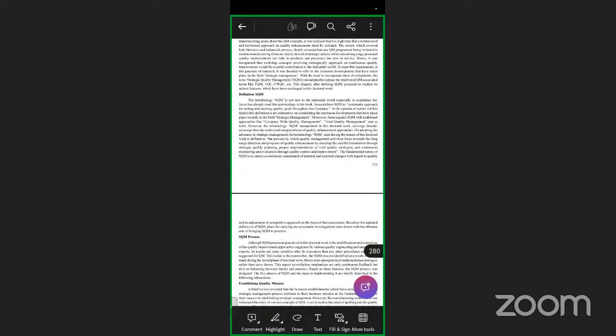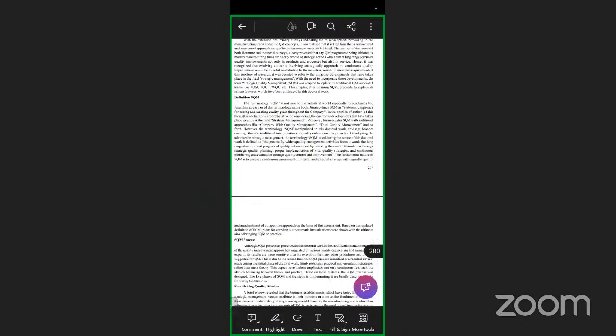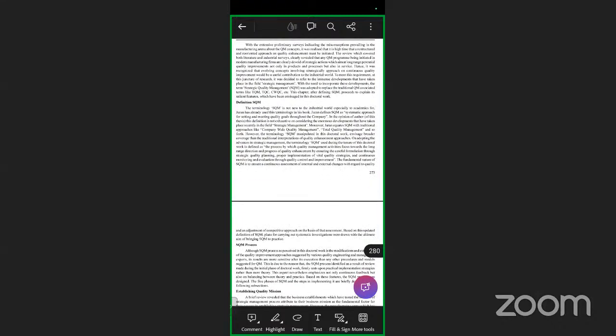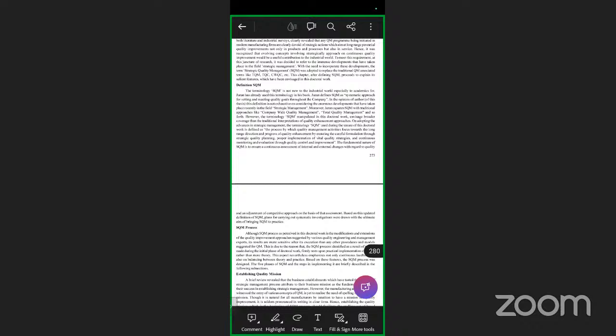We are going to see the definition of strategic quality management in terminology. Strategic quality management is not new to the industrial world, especially the academics. Juran also already used this terminology in his book. Juran defined strategic quality management as a systematic approach for setting and meeting quality goals throughout the company.